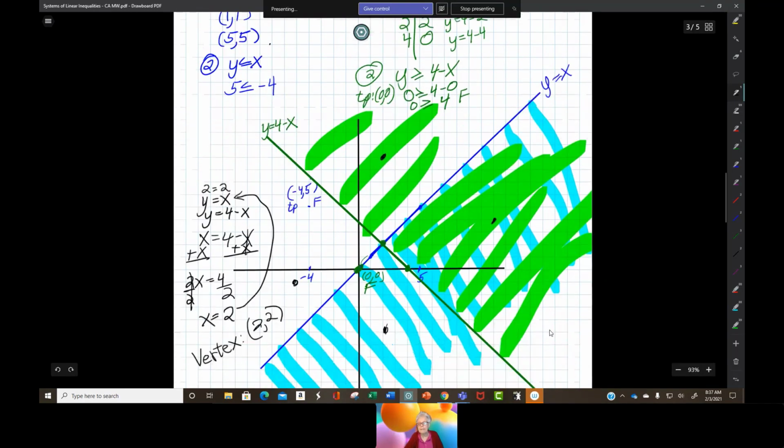So notice that if I pick any point over here, it looks like it's the point, let's see, 5, 6, 7, 8, 9, 10, 11, 1, 2, 3, 4. 11, 4.